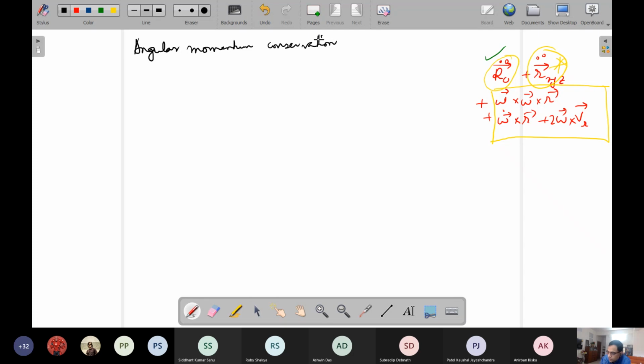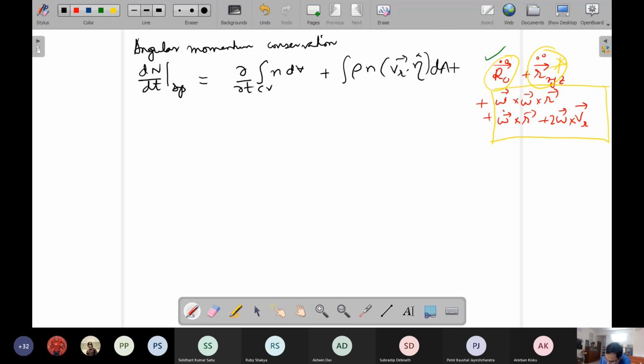So in the angular momentum conservation, the Reynolds transport theorem that we apply, this dN/dt of the system is equal to the partial derivative of this plus the volume and the surface integral terms.